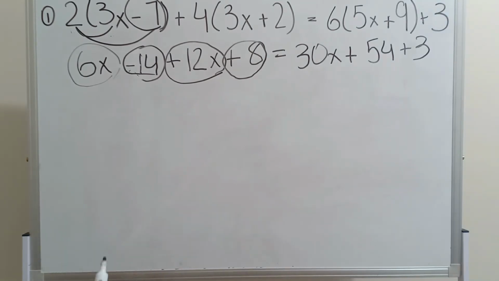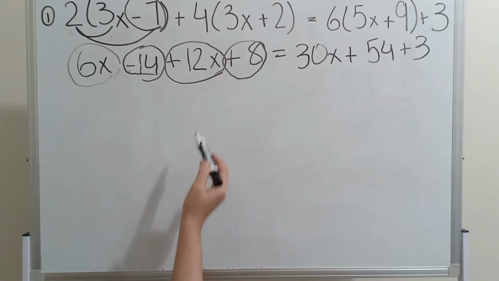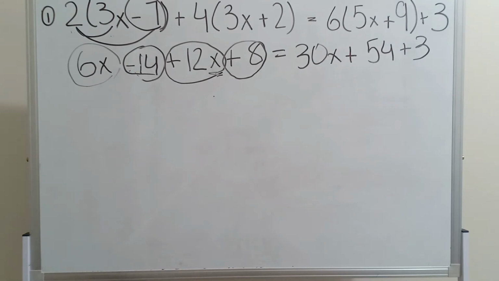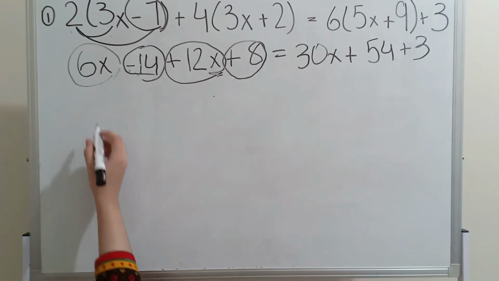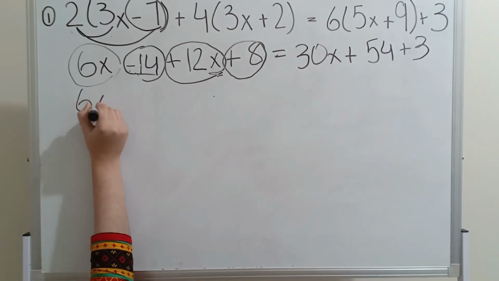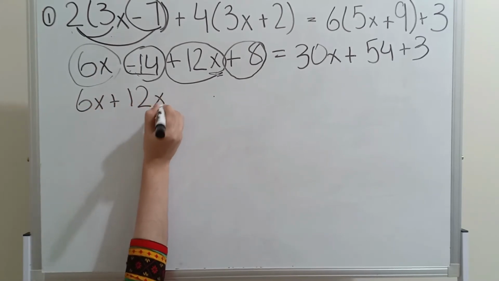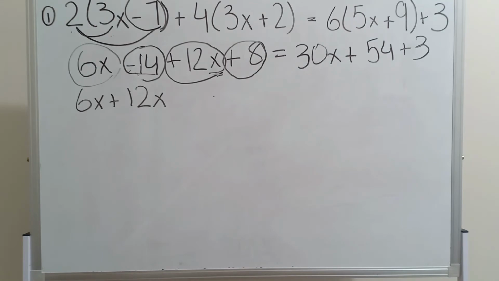So 6x, and we can see that this has an x too, which means these both are like terms. So we can write them right next to each other: 6x plus 12x. And we see that none of the other ones have an x, so they're unlike terms. So negative 14 and plus 8, these both are integers, so we can write them next to each other.